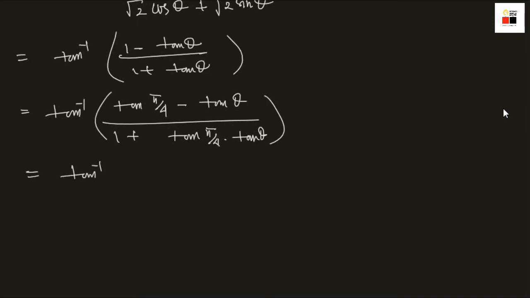This is tan inverse of tan of pi by 4 minus theta. This is equal to pi by 4 minus theta.